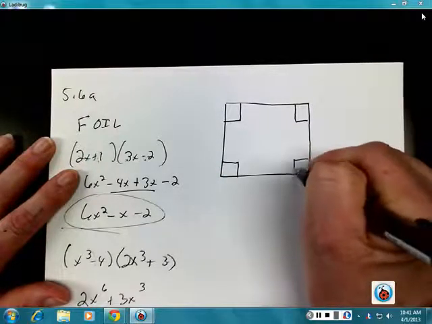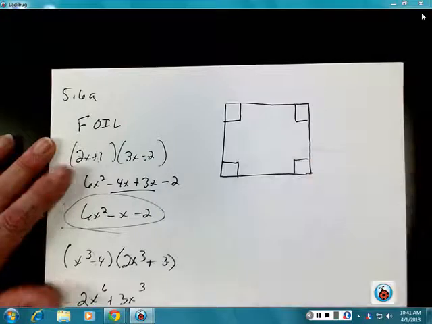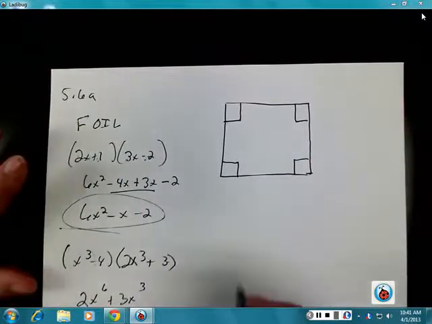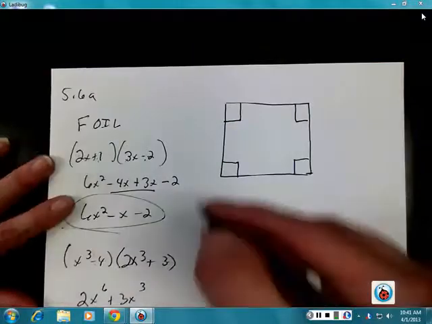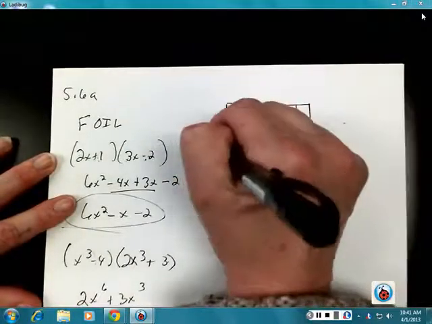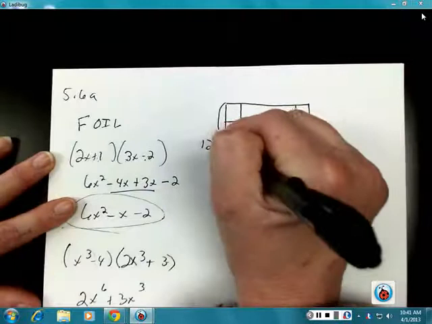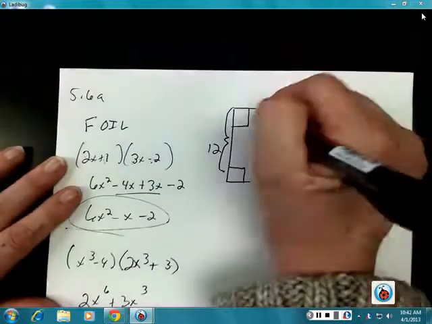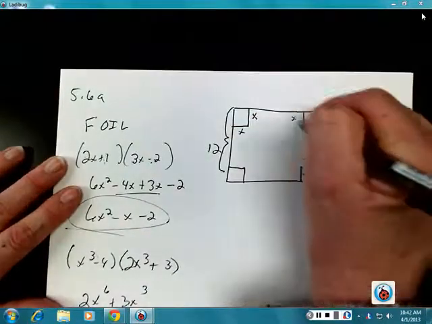They'll give you a rectangle, and they'll tell you that one side measures 12. So this whole side measures a length of 12. And then they tell you that each of these pieces that they've cut out have sides of x.